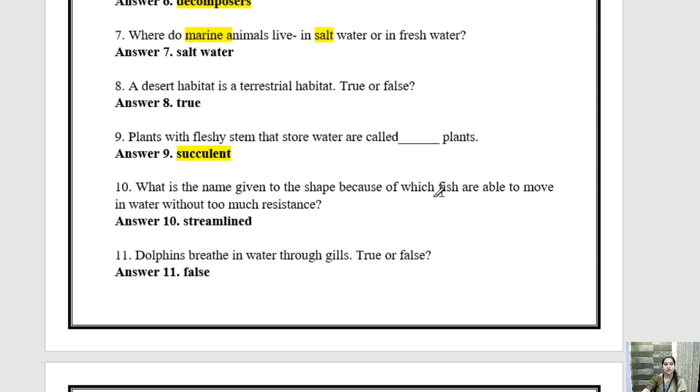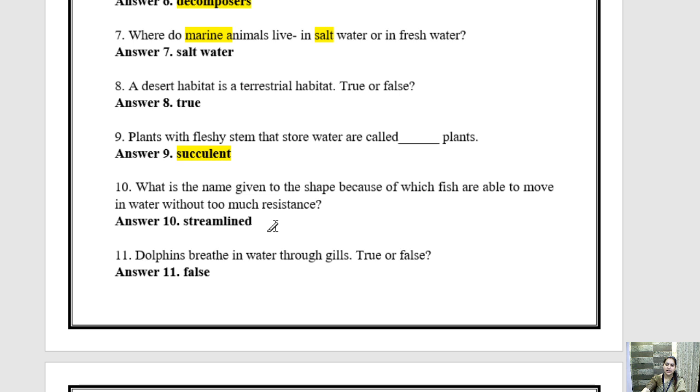So this shape, the shape of a fish, which is narrow at the end and becomes a little broader at the back, lets them move in a very easy manner without any resistance. So that shape is called a streamlined shape. Okay, a streamlined shape. Clear?